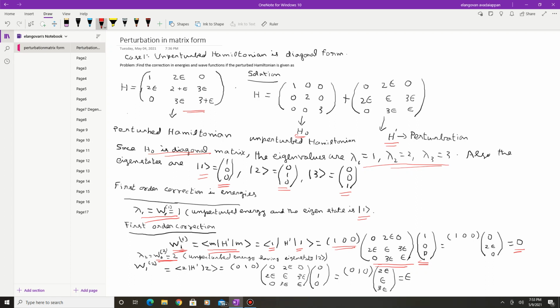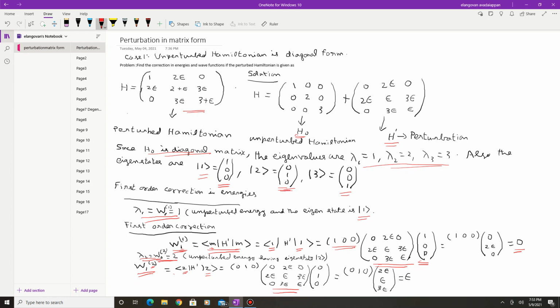Now for that state, let us evaluate the first order correction, W1 for the state 2. Here the unperturbed state is ket 2, so you get bra 2, and again you put H prime here. Ket 2 is already given as 0, 1, 0.